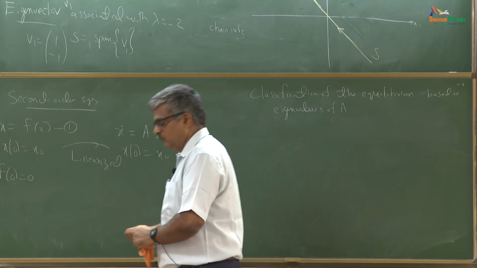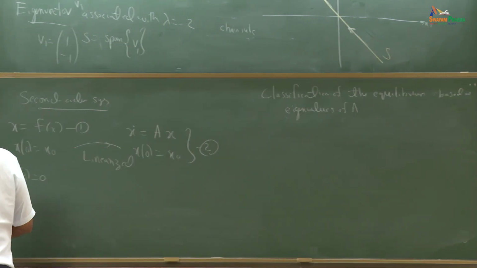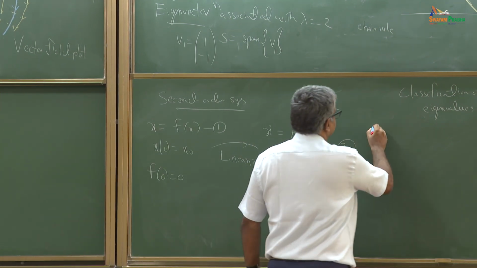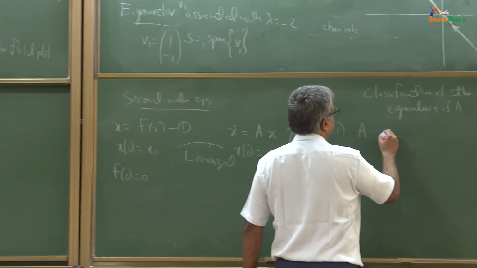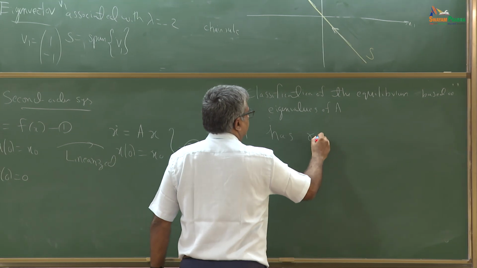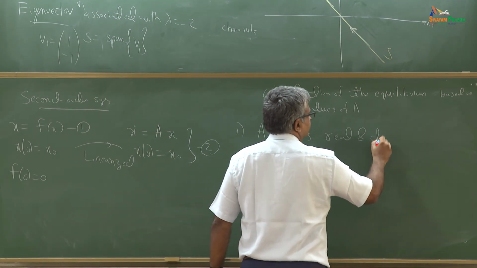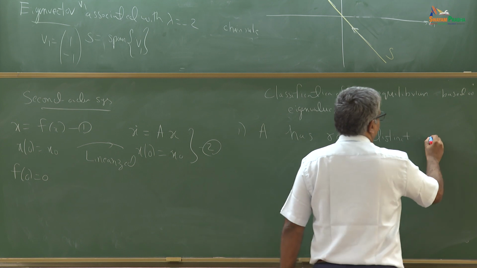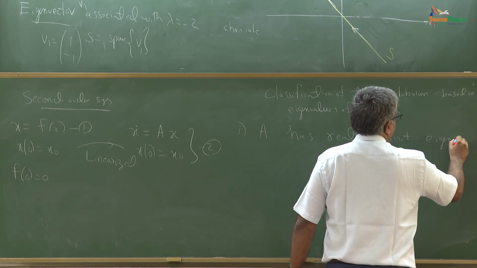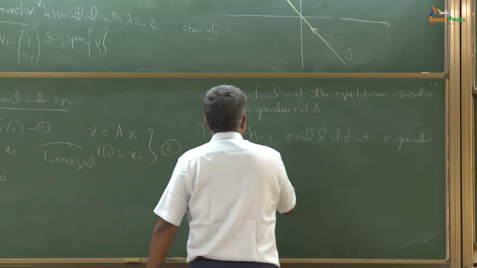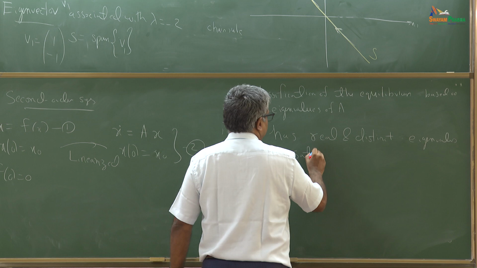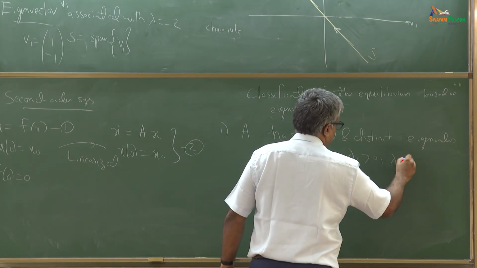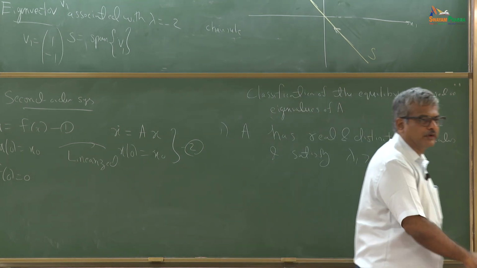The first is when A throws up real and distinct eigenvalues, and satisfy, okay.